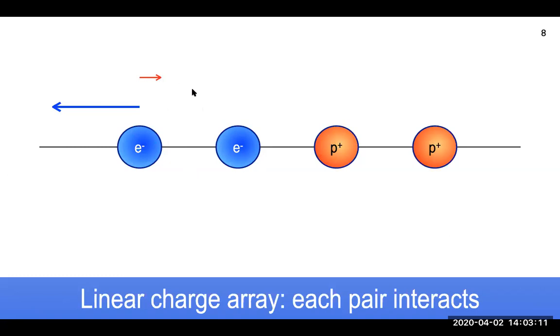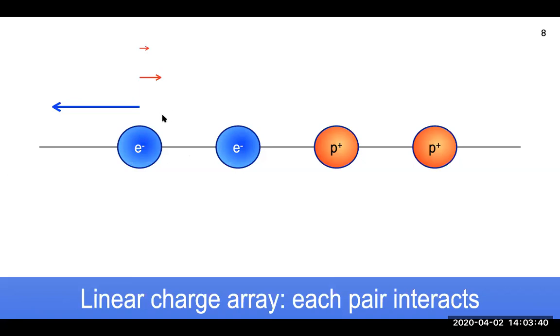And then this final proton out here is going to have an attractive pull on the electron we're studying, so it's going to have a few newtons. I stacked them up vertically so you can compare the sizes. So remember, you have to get the size and you have to get the direction. And then you have to add them up.